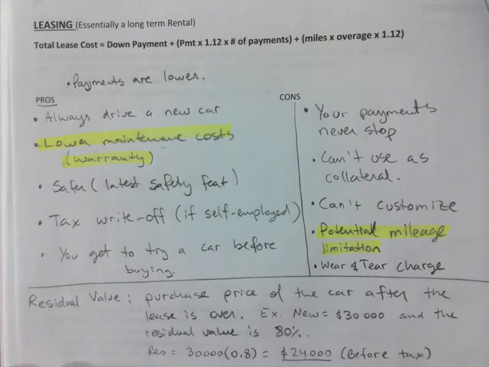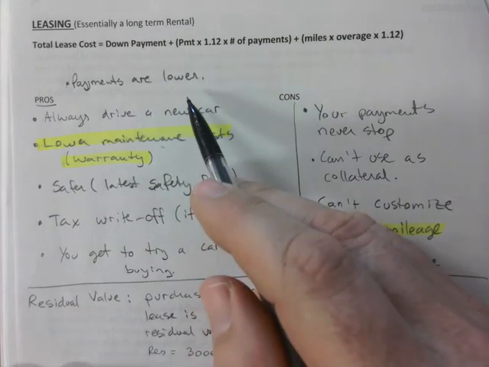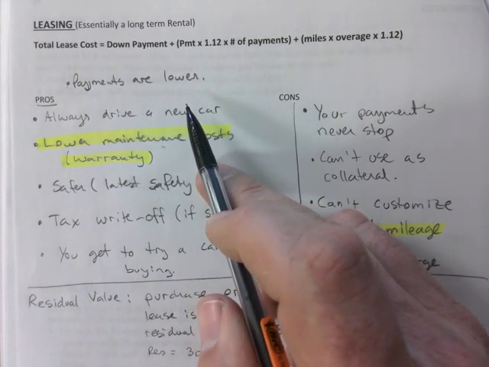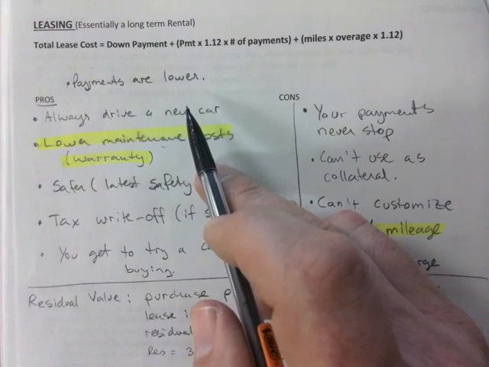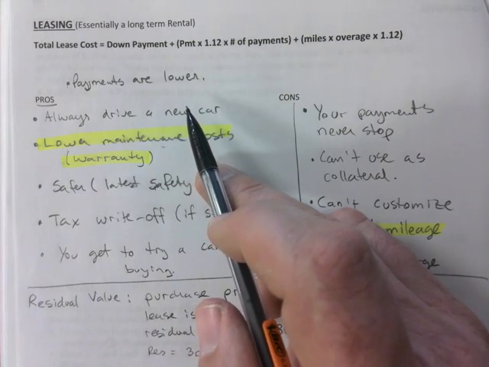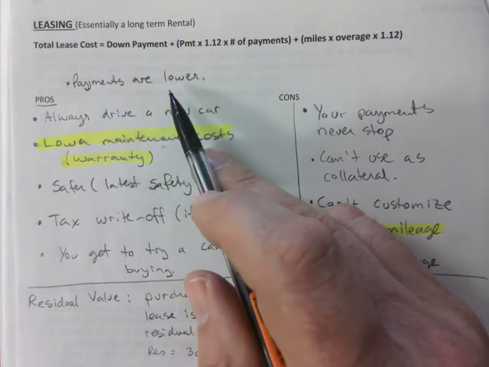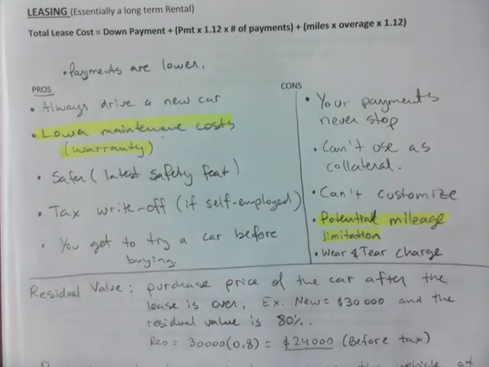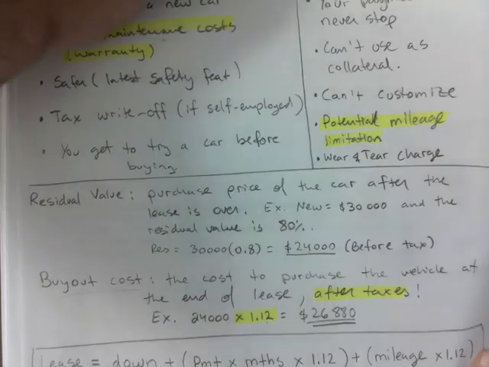So you get to have a luxury vehicle for less per month. You could probably not afford it if you had to buy it. That's why you would opt for leasing rather than buying.